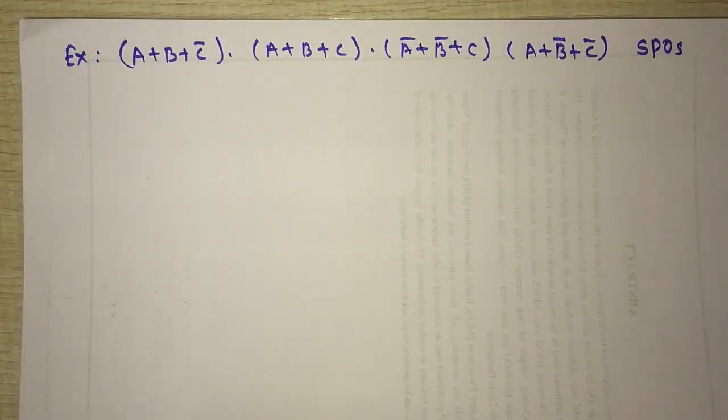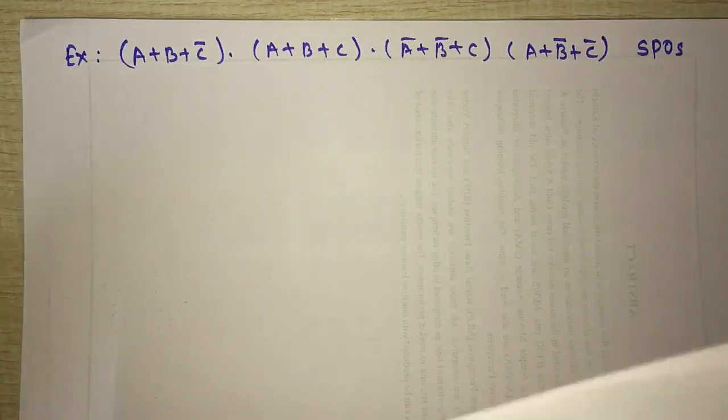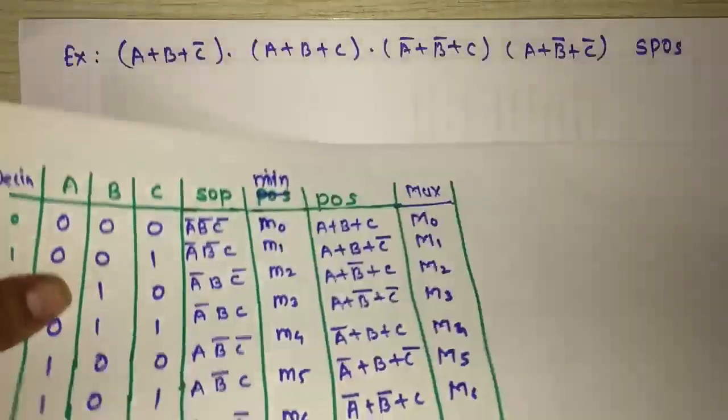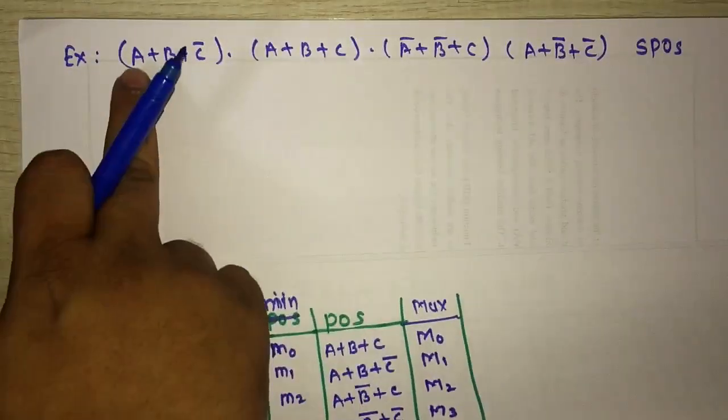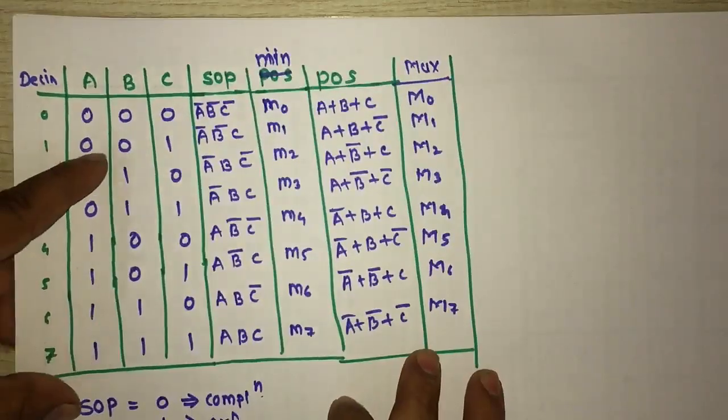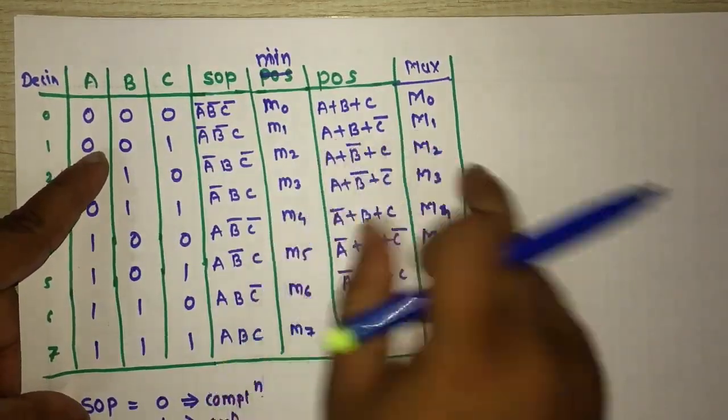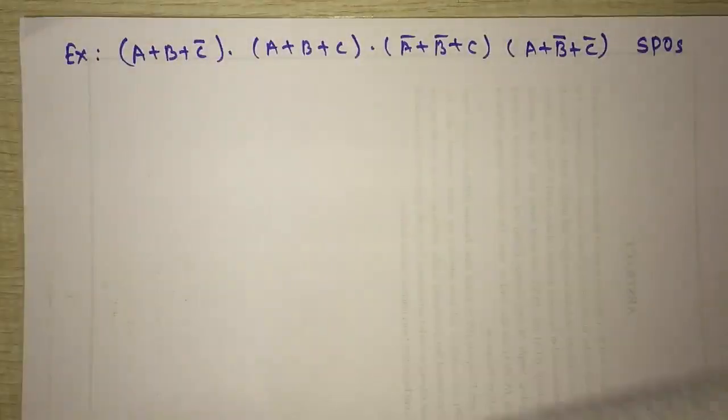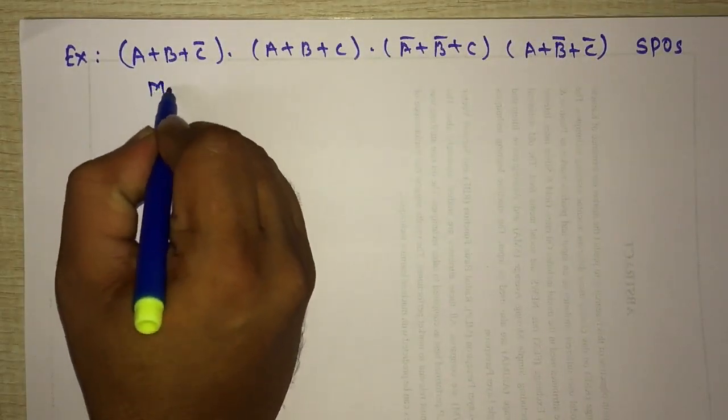So let us again refer to the table that we have drawn and find out the terms. Okay, first term is a plus b plus c bar. So where is a plus b plus c bar? This one. So this term is capital M1.